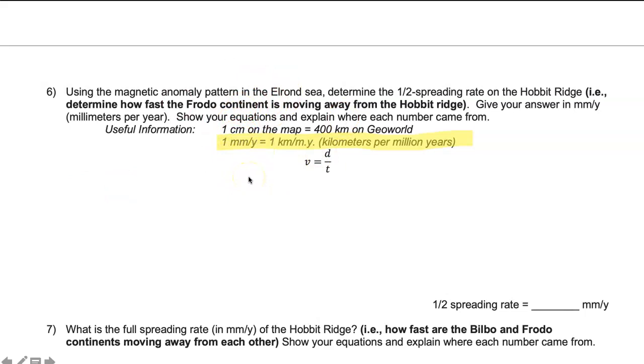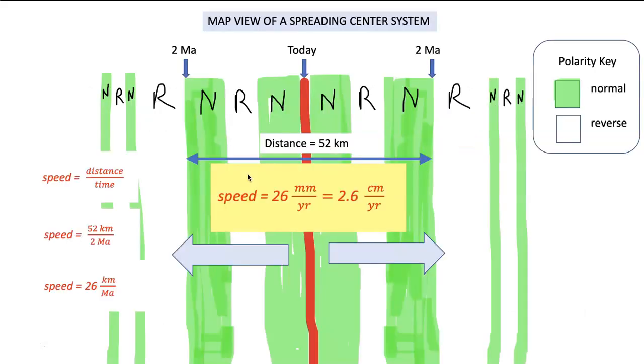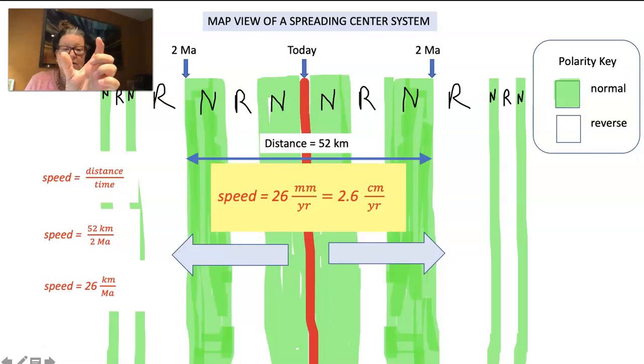So if something's moving at 27 kilometers per million year, it's moving at 27 millimeters a year. Just happens to work that way. So if we are moving 26 kilometers every million years, we are moving 26 millimeters a year, or what I prefer is centimeters per year, 2.6 centimeters per year. And 2.6 centimeters is maybe about that much, and that's a decent, reasonable rate for seafloor spreading.